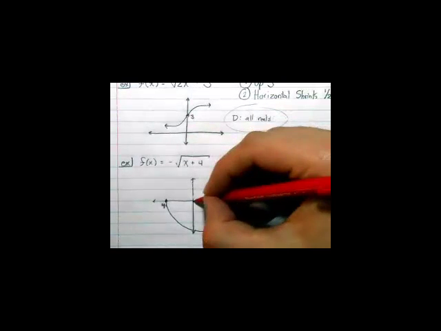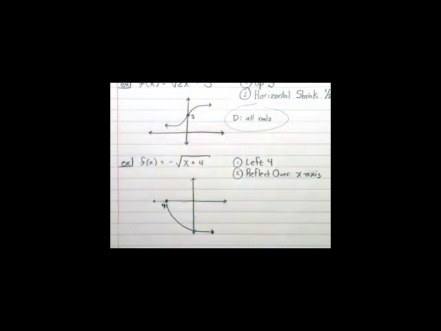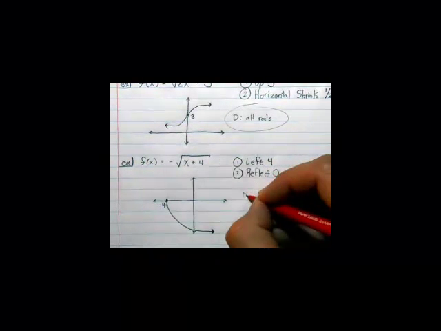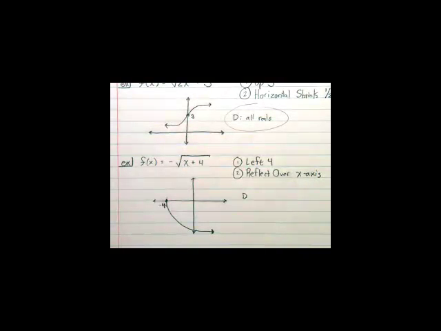It looks like that. Okay, so look at that graph for a minute. What's its domain? Oh yeah, that's -4. So it should be -4 up to infinity. Can't go less than -4 though, because then there's nothing over there anymore.